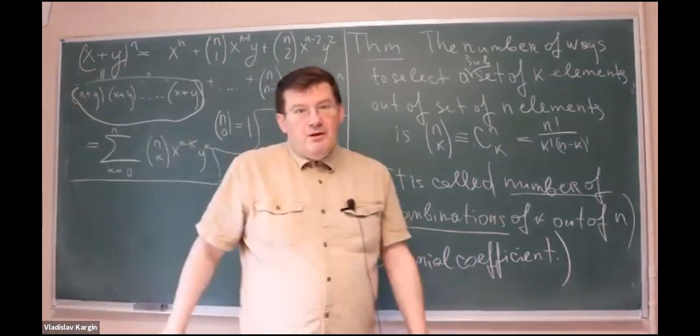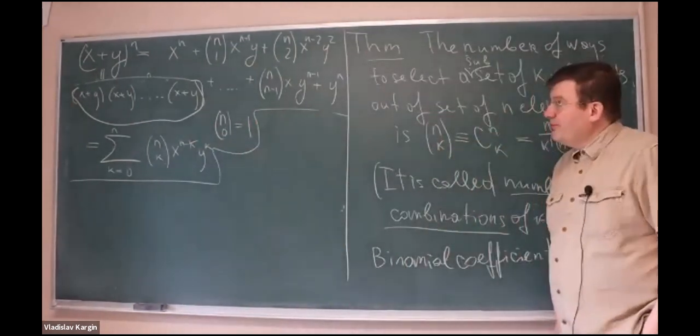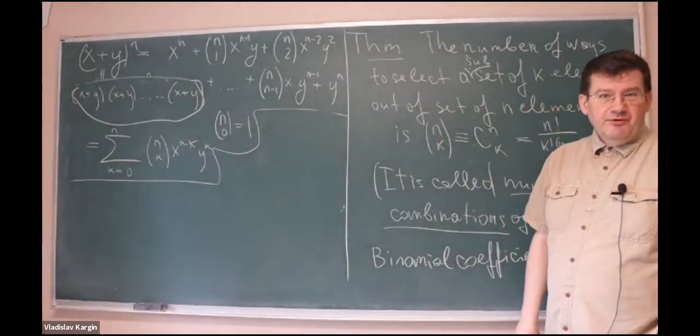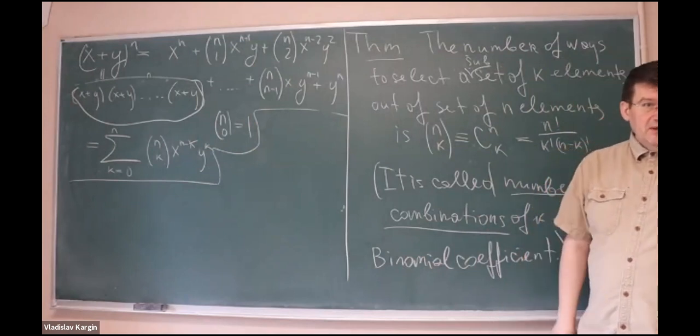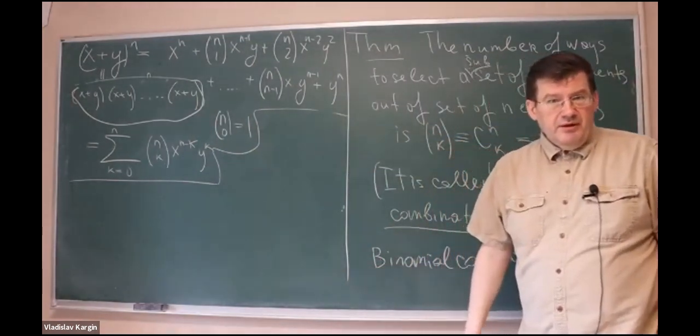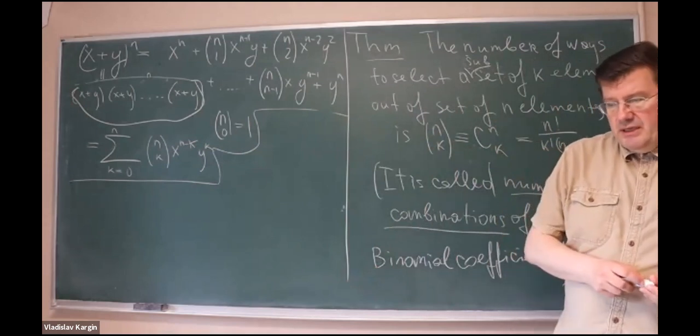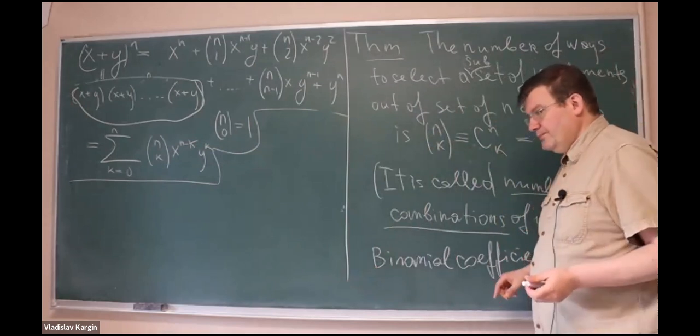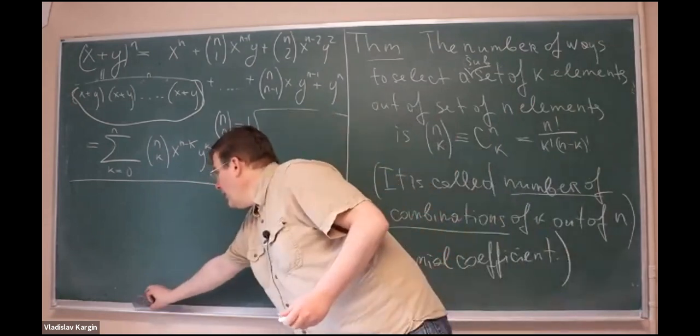Right. Okay, so now let's stop off with combinatorics and look a little bit at problems in probability, and in particular at how these things can be used to calculate some probabilities.